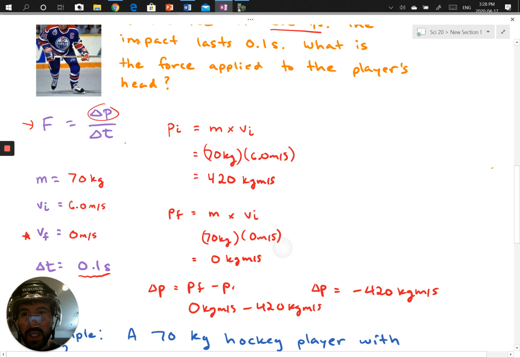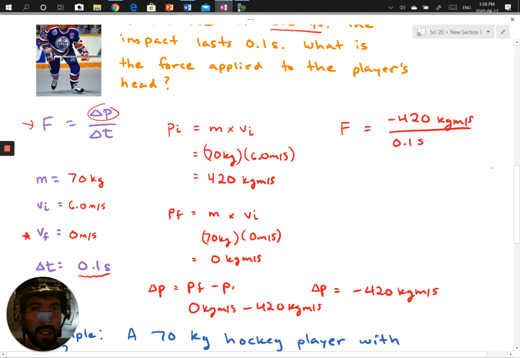And now we can take that and go back up to our original formula. To find the force, we're going to take our delta P, which is negative 420 kilogram meters per second, and divide that by our delta T, which is the time of the impact, 0.1 seconds.